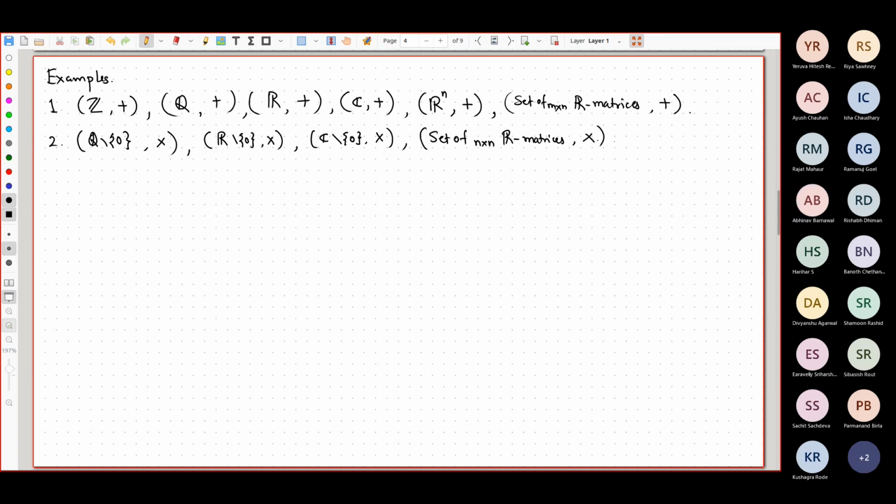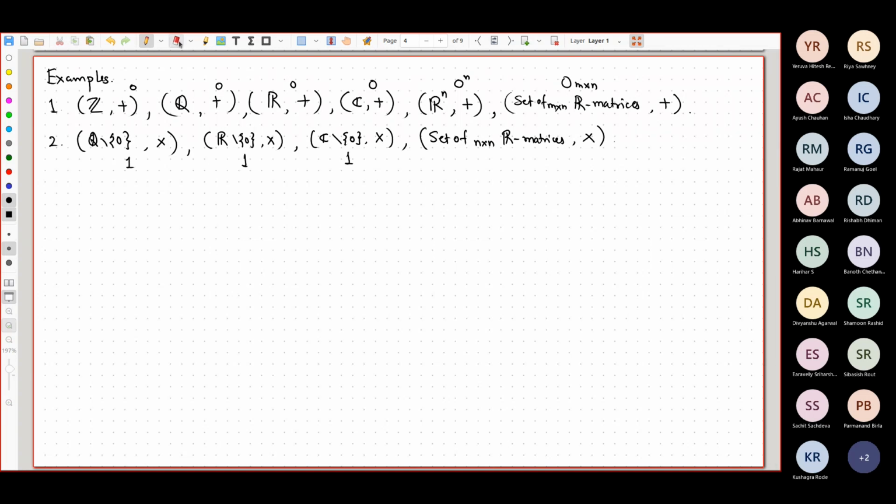Yes. I hope all of you also noted the identities in every case. The identity over here is 0, 0, 0, 0. It is the 0 vector, and then it is the 0 m cross n matrix over here. And then the identity over here is 1, 1, 1.